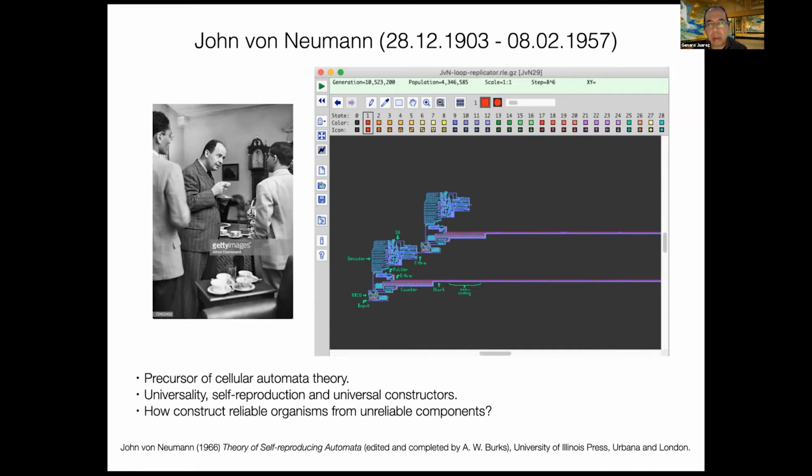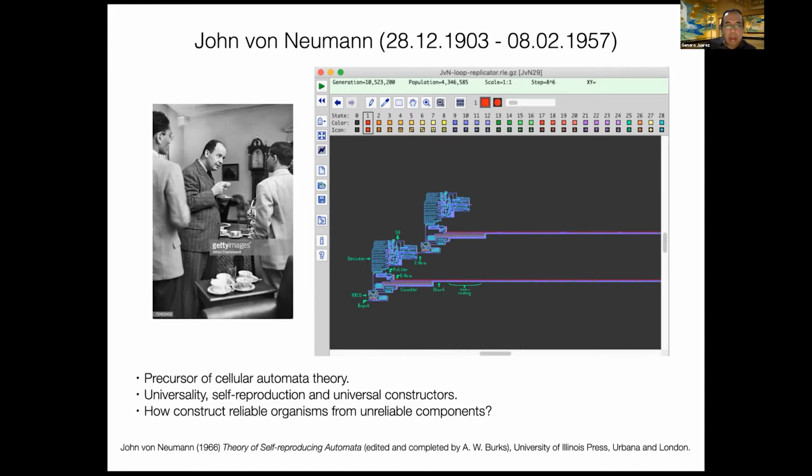However, some years after these results from von Neumann, Edward Moore proved that some configurations in these universes may not be possible to construct. That is a great problem for several things.